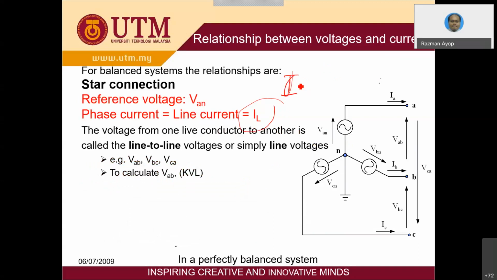To get the current, basically I phase equals V phase divided by Z phase. It is important to know that when you want to calculate the current, you have to use the phase.